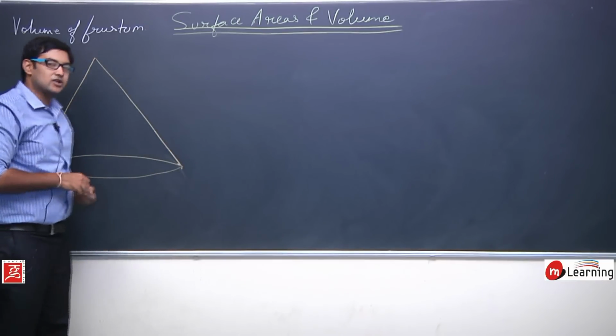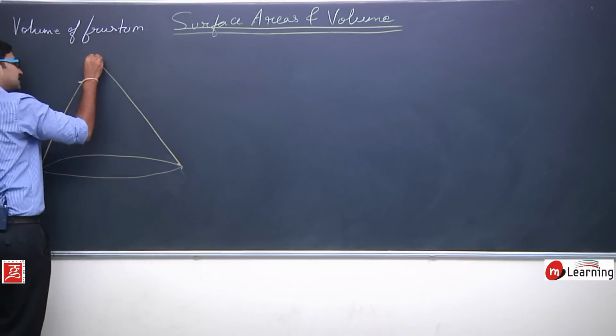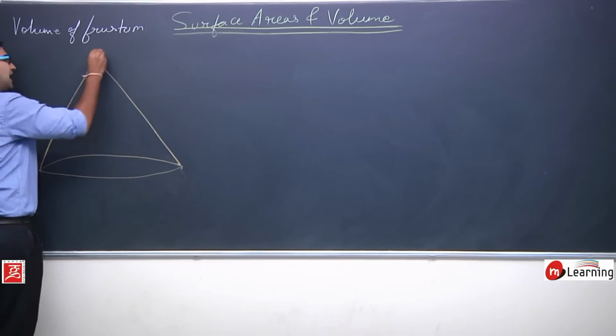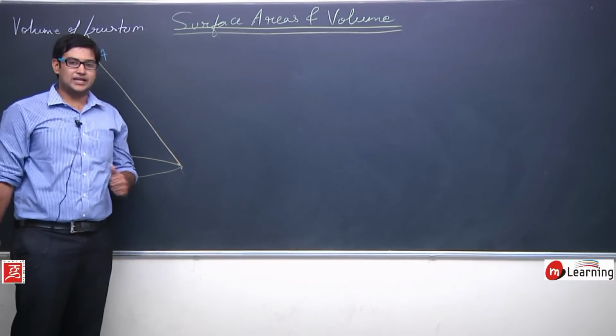So this is a right circular cone. In this right circular cone, this is the apex of the cone. Let us say this apex is named A.